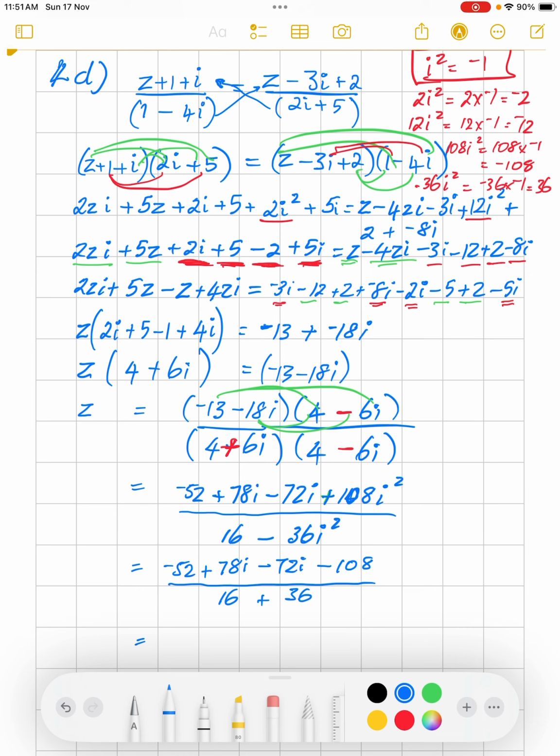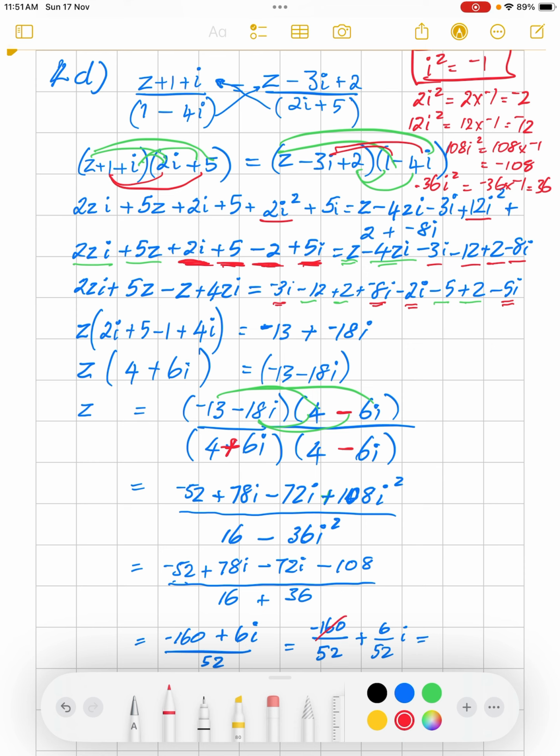All right, real components are negative 52 and negative 108, negative 160. Imaginary components, 78 minus 72 is 6i, and 36 plus 16 is 52. If we split this up into negative 160 over 52 plus 6 over 52i.